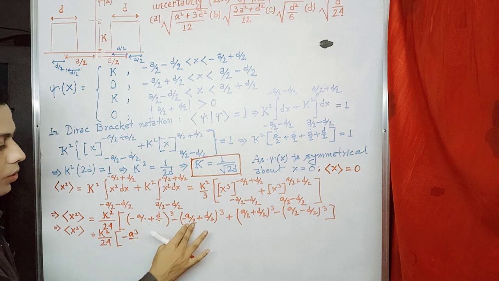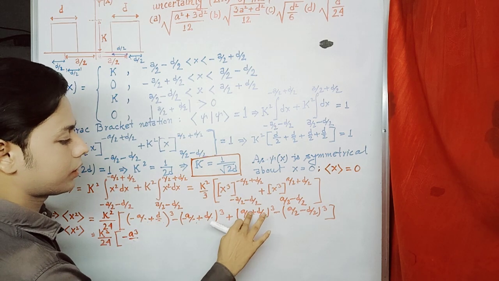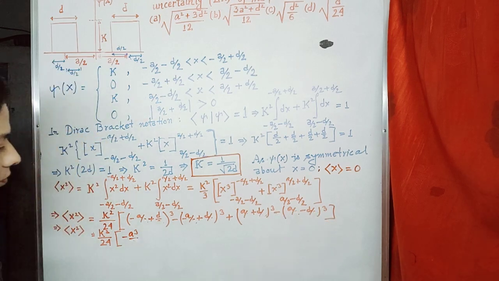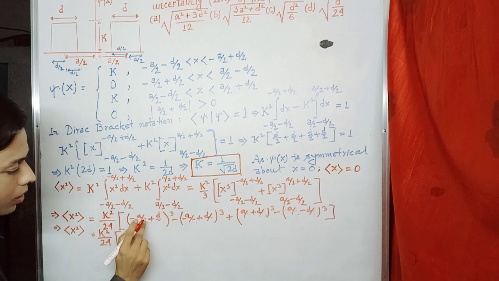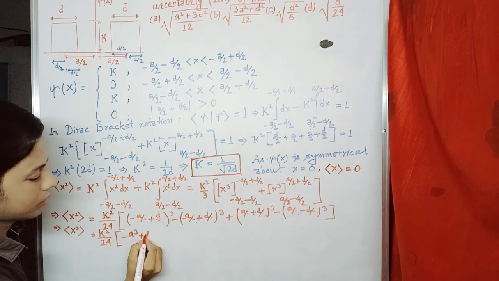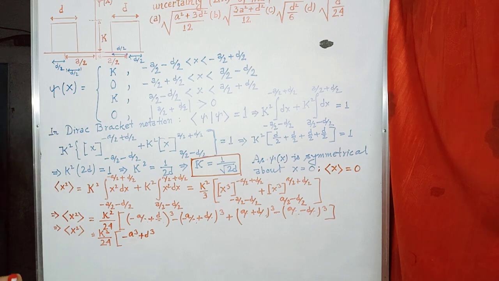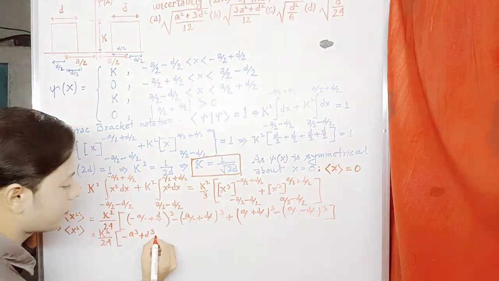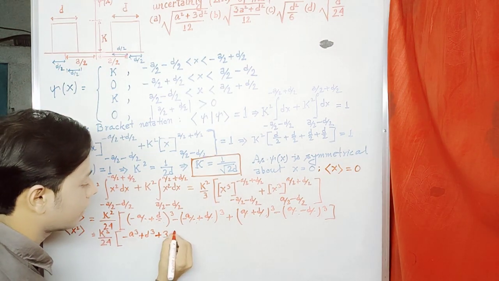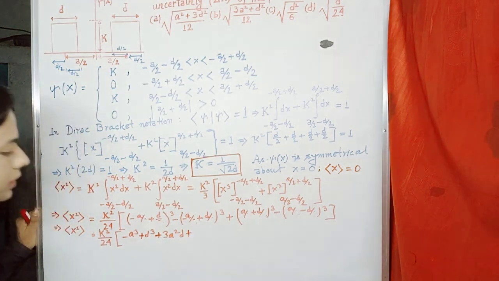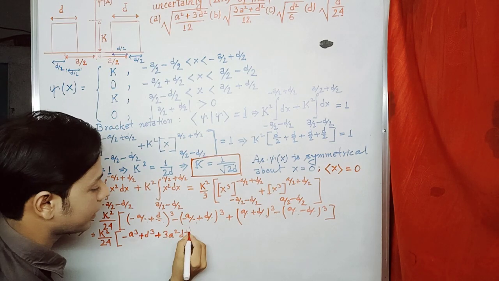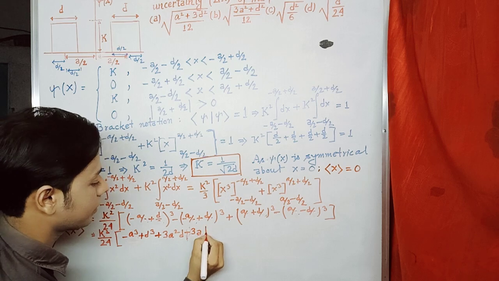There will not be 2, because we already took 2 outside from every term. So there will be minus a cube plus d cube plus 3 a square d minus 3 a d square.